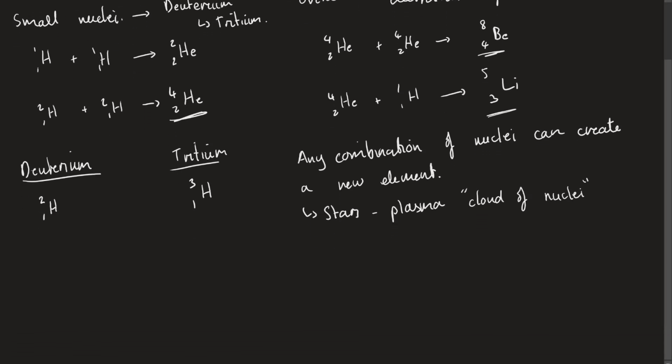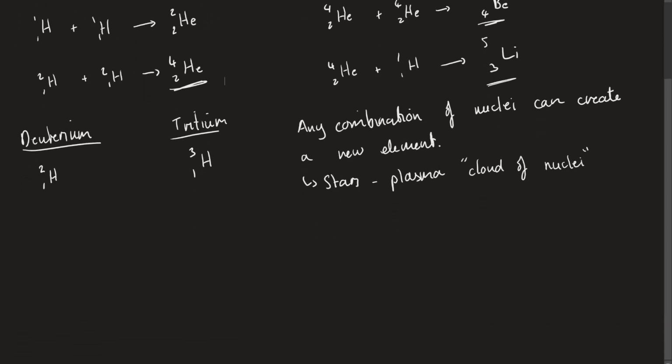So fusion reactions will also have a mass defect, which we call delta M, which is just the difference in the mass between the starting point and your ending point, and therefore we have an amount of energy being given out, which is your mass defect, delta M, times c squared.